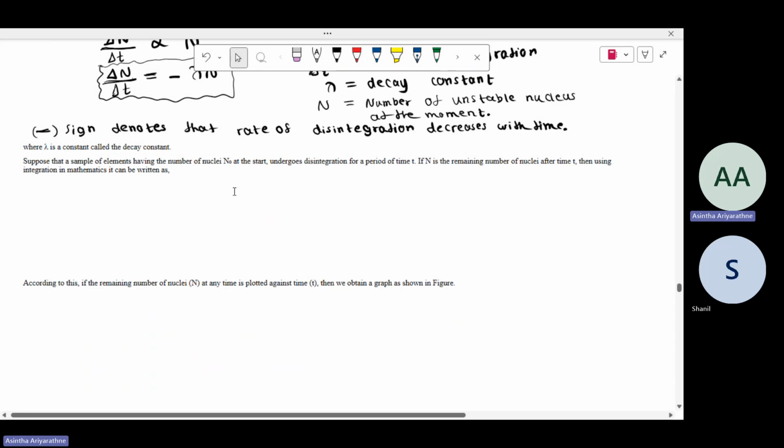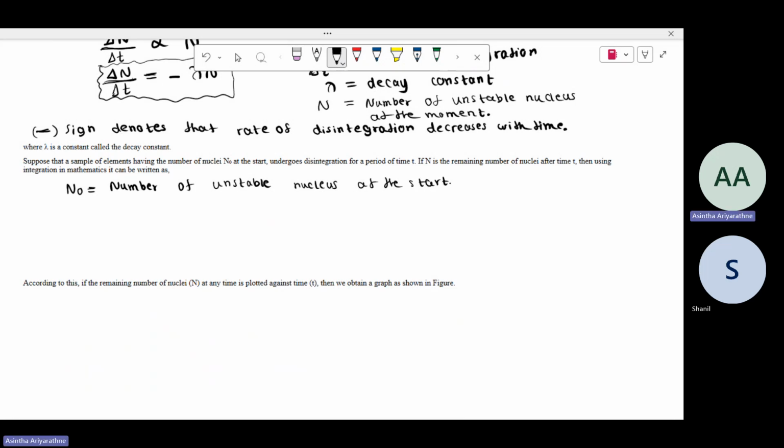N naught is the number of elements at the start.